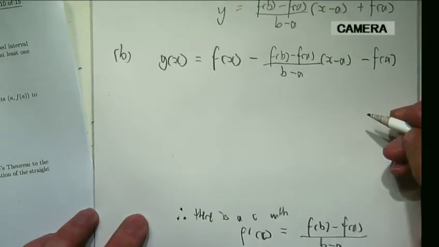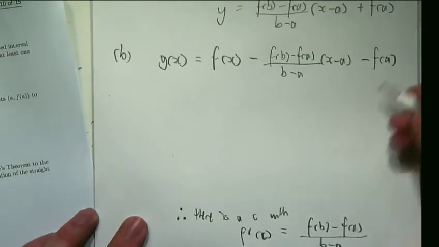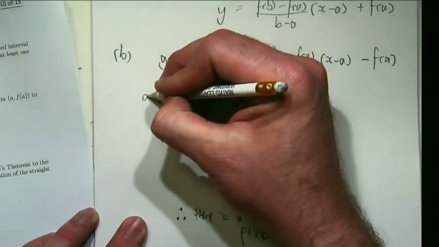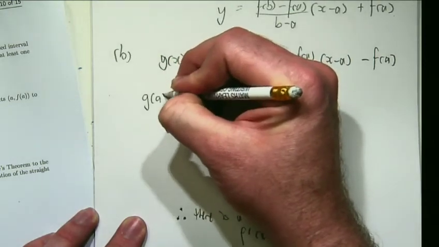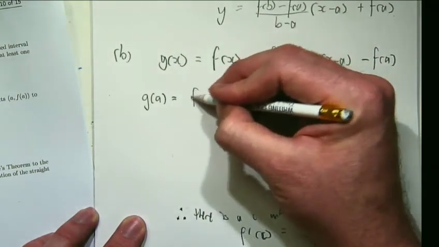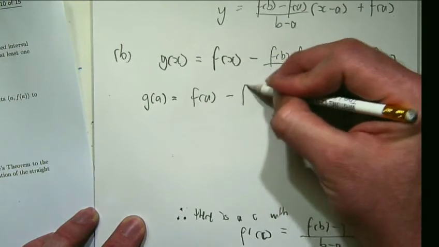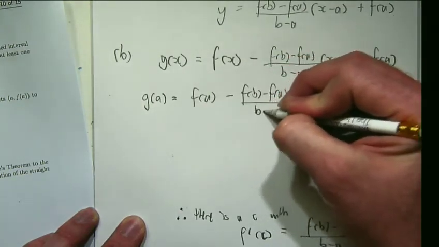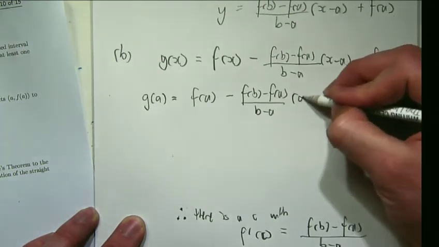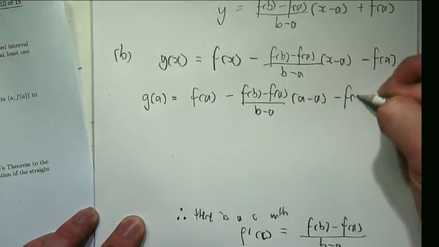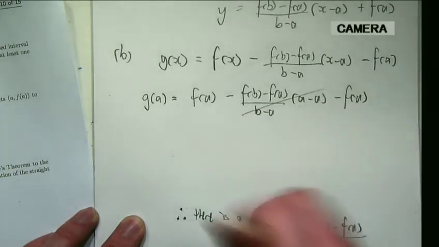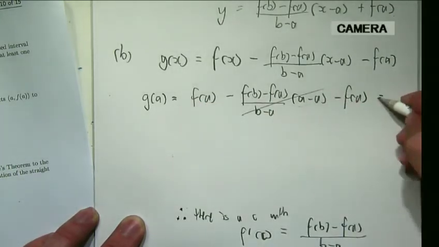Well, in Rolle's Theorem I need to know what the function is at the two ends of the interval, so I should find that. So g of a is f of a minus f of b minus f of a over b minus a, times a minus a, minus f of a, and that's 0 just there, so that cancels out, and f of a minus f of a is 0.